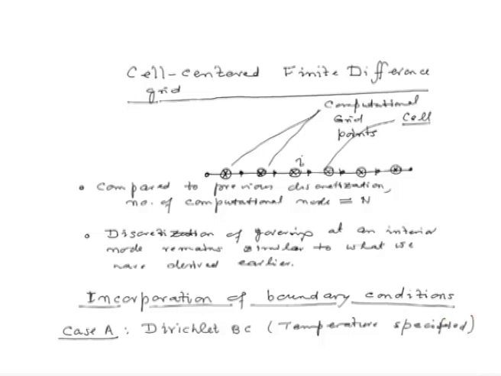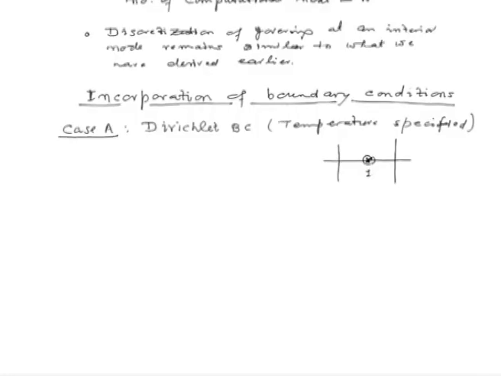How do we tackle this case? So suppose now we are dealing with the temperature specified at node 1 as we have discussed in our earlier problem. Now let us draw the first cell. Our computational node is sitting here at the center. The temperature is specified at the boundary. This is where we have T is equal to T bar. Okay. What do we do now? We introduce a concept of ghost node or ghost cell.